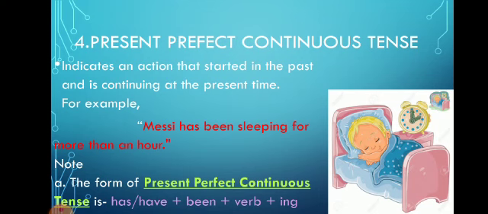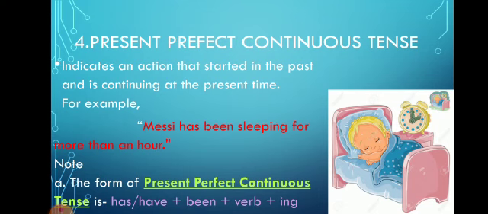Both perfect form and continuous form together put into one tense, which is called present perfect continuous tense. Messi has been sleeping for more than an hour. He has been sleeping more than an hour. The time is longer duration. When an action takes place in a longer duration, that action has to be put into this tense, present perfect continuous tense.